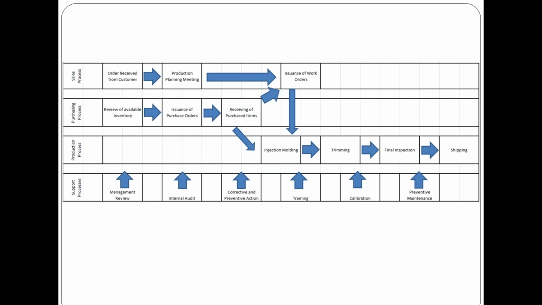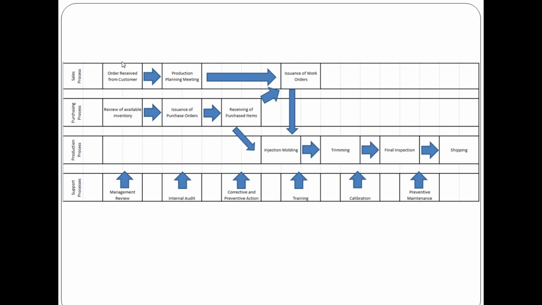This particular model is typically referred to as swim lane. We would look to the left and note that we have 4 core processes called out: sales, purchasing, production, and support.